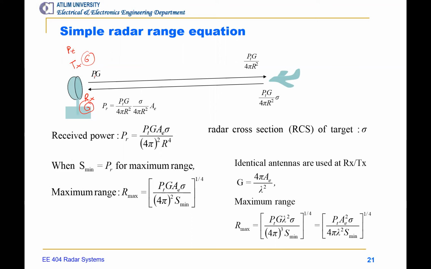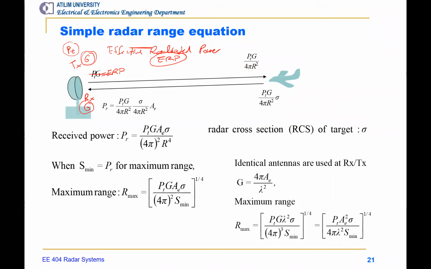Then the power in space will be the transmit power times G, okay, which is called effective radiated power, or ERP. PT times G is called ERP.